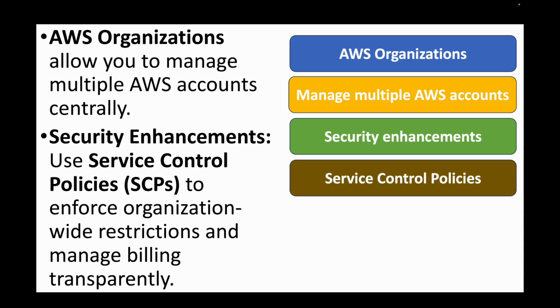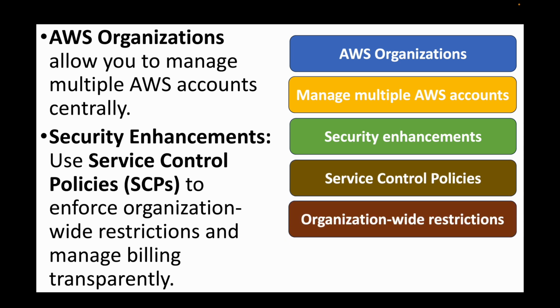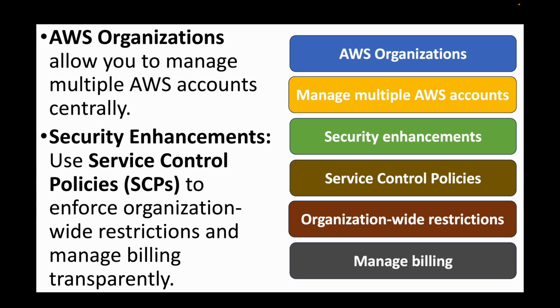So we can make use of service control policies to enforce organization-wide restrictions and also manage your billing transparently. So by making use of AWS Organizations, you'll get centralized billing for multiple AWS accounts. And you can also control the permissions across these accounts by making use of your service control policies.